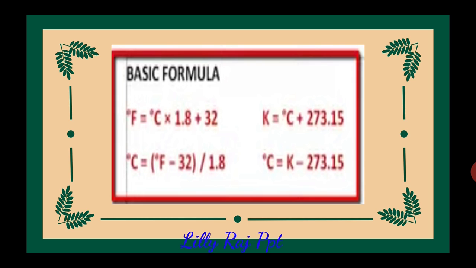And also if you want to convert Kelvin into Celsius, you can use the formula degree Celsius is equal to Kelvin minus 273.15. So these are the formulas used to find the conversion values of thermometer scales. Thank you, children.